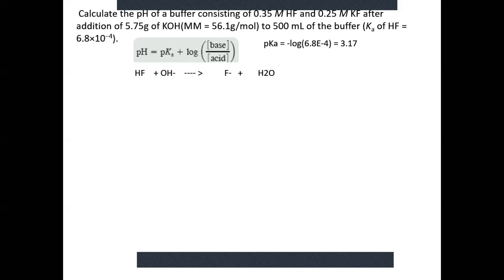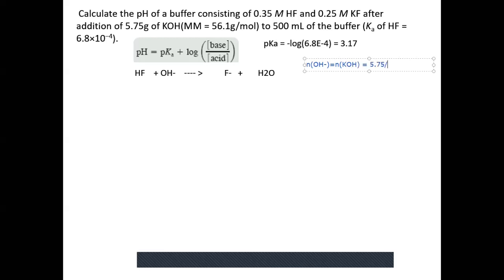So since we're given mass, we have to determine the moles of potassium hydroxide, which equal the moles of hydroxide, because it's 1 to 1. 5.75 divided by 56.1 gives 0.102. So that's the moles of hydroxide.